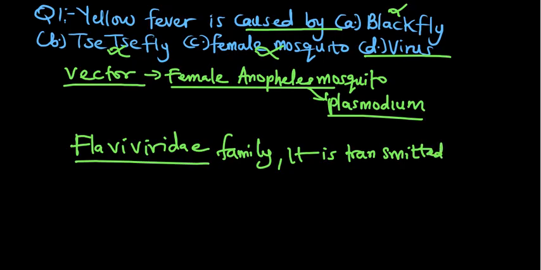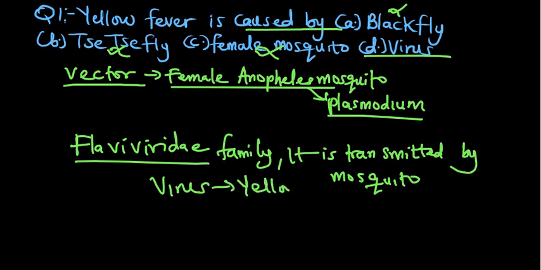But they said it is caused by, they didn't say the vector. The main thing that causes the illness is virus. Take note of that. So let's go to the next question.